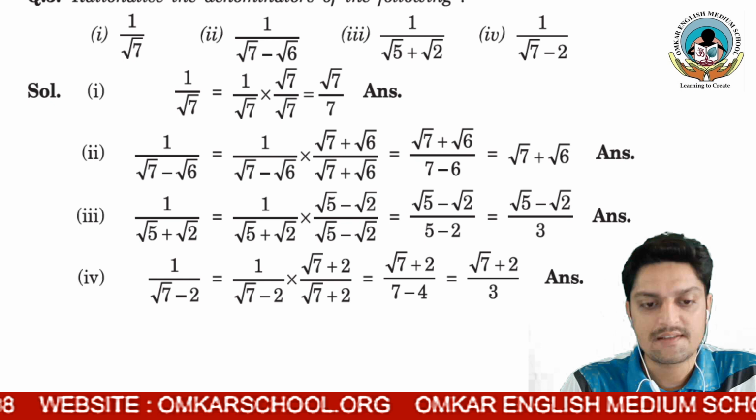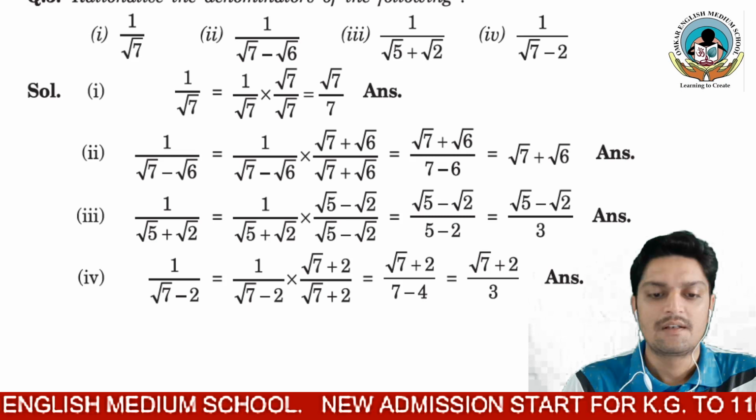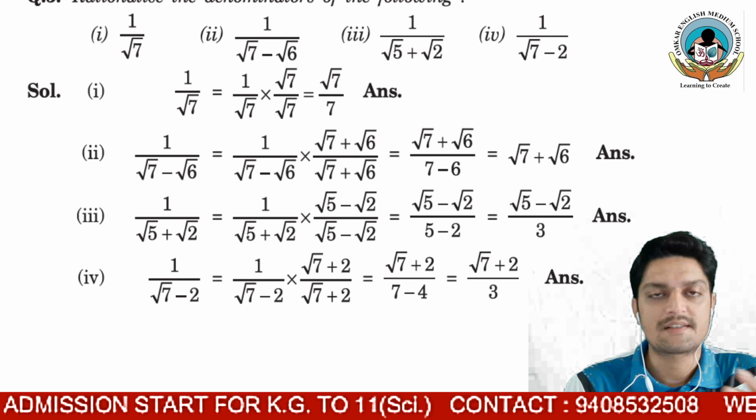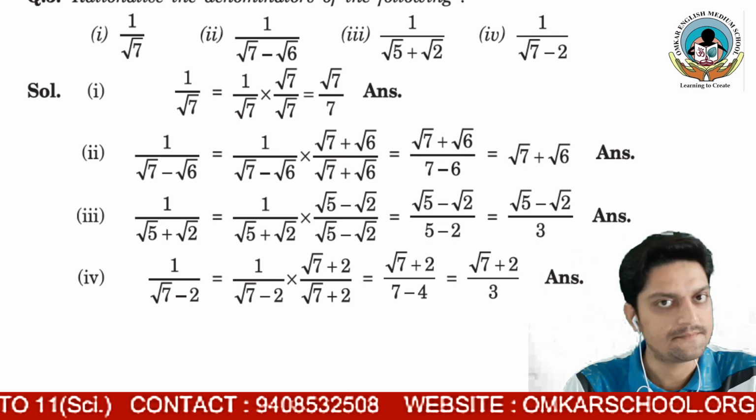Very simple. I have previously also explained that two same roots will meet, so you will get the same number. For example, root 7 multiplied with the same number, root 7 into root 7, gives root 49, and the square root of 49 is 7 only.